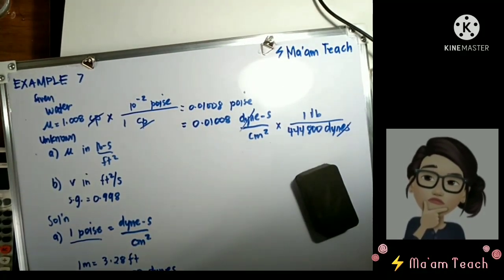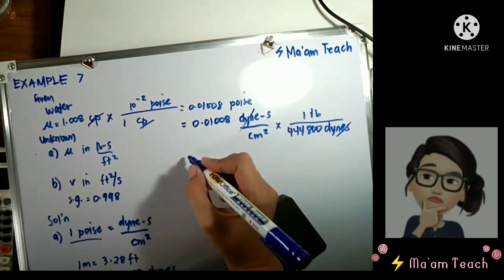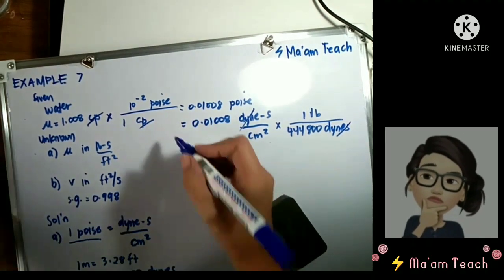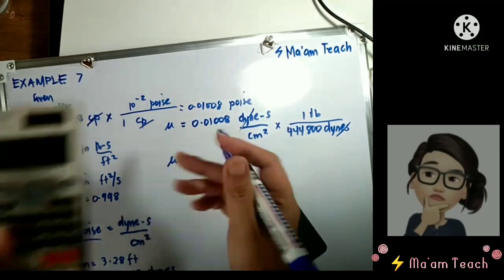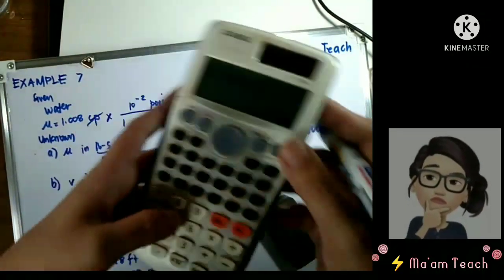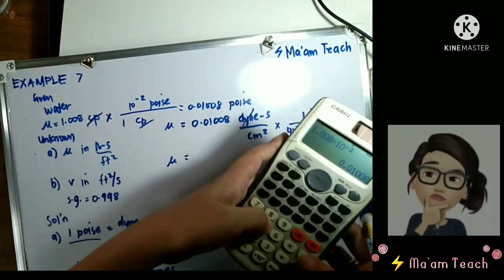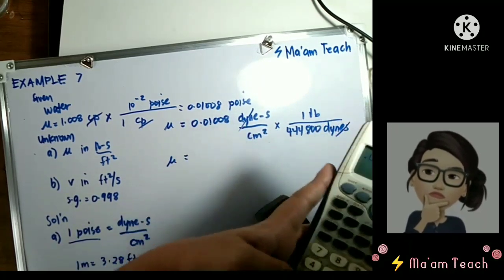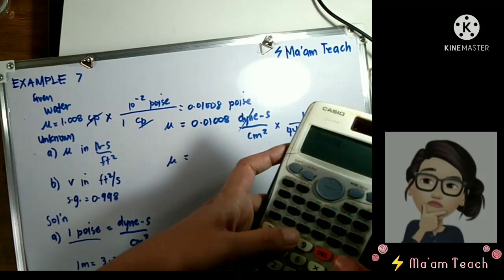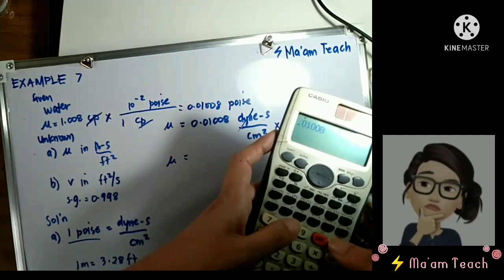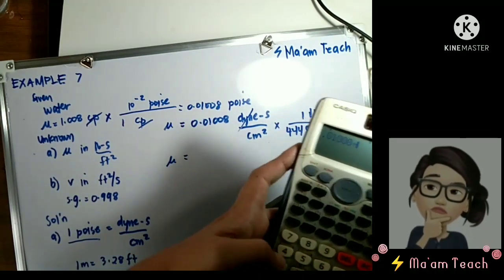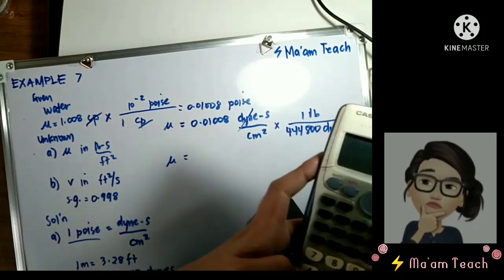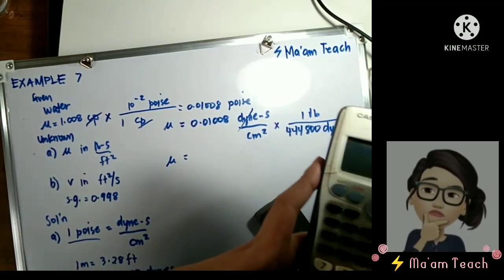So, one by one. This is our absolute viscosity. This value, 0.01008, we will divide by 444,800.